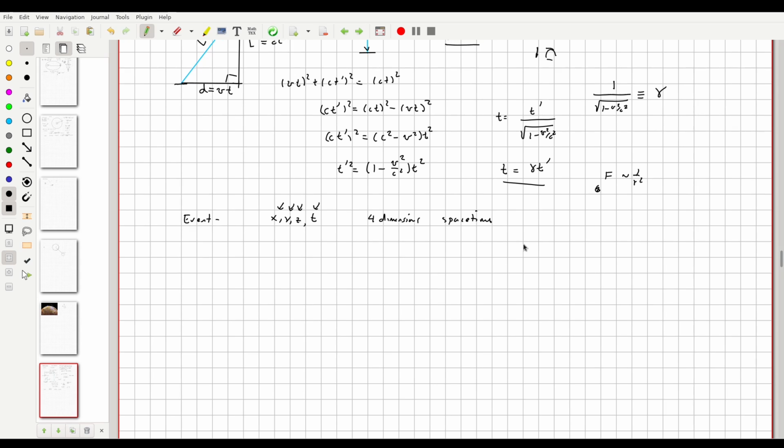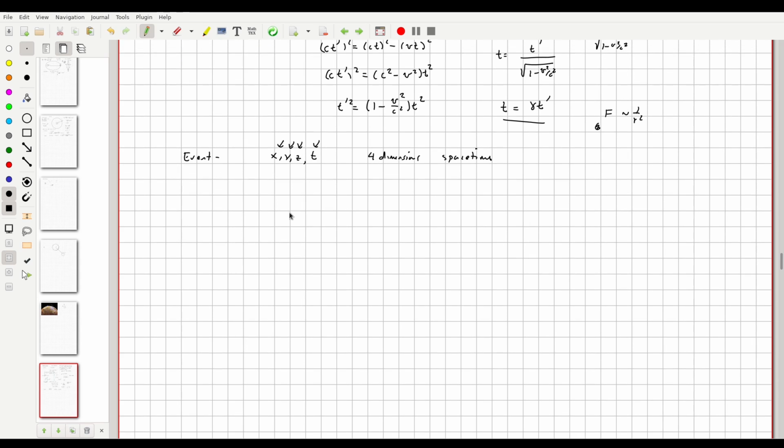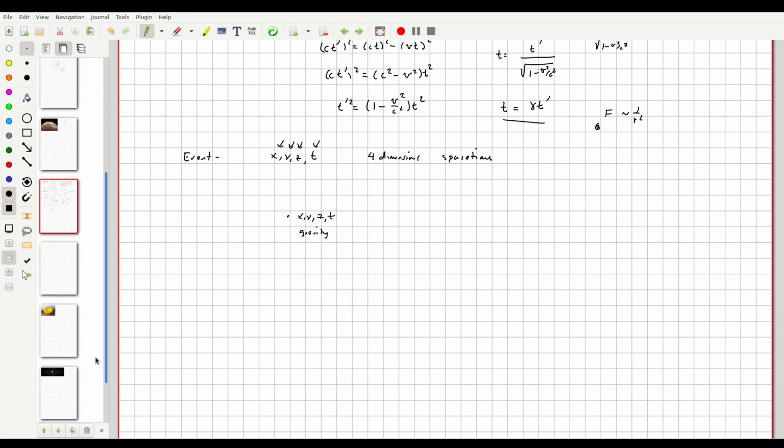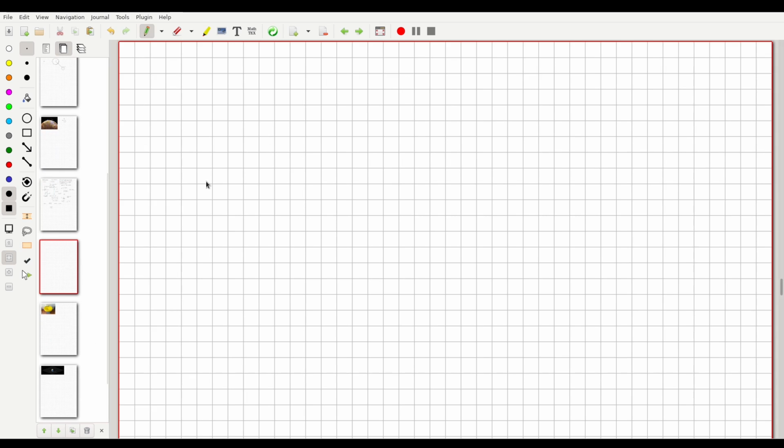So, one way you could think about the universe, or locating something in position, is that it has a position in space and in time, and there's also an associated gravity there. Now, this is what precipitated the development of something called general relativity.